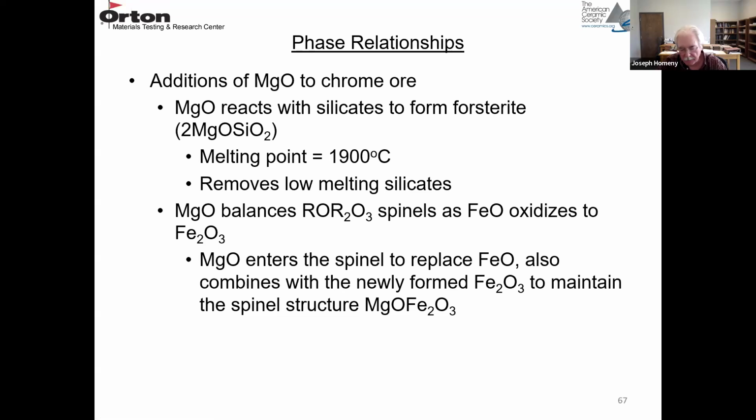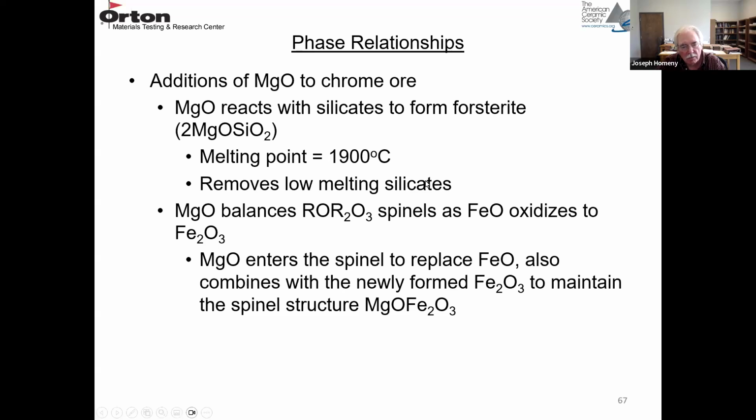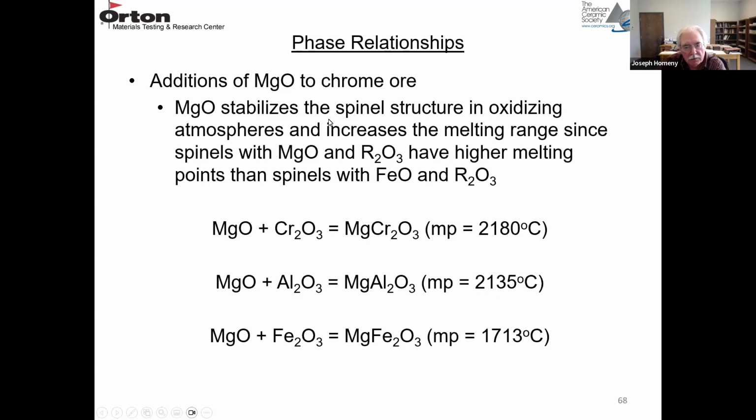So the addition of MgO removes the low melting silicates and reacts with the Fe2O3 to make spinels. But these spinels are going to be higher temperature versions. So the MgO stabilizes the spinel structure in an oxidizing atmosphere.